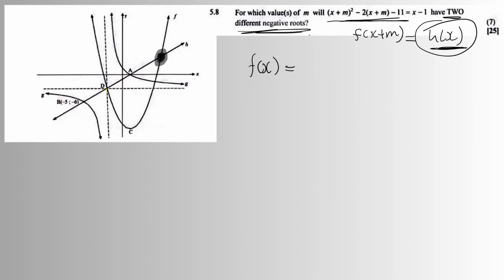Shifting that turning point from here towards here, I know that my m will just be greater than that x that I will find when that graph is now there. So in the end, our graph is shifted this side. If I know this x at the y-intercept of the graph, I can know how much I can increase with. So I'll just say m greater than that value.